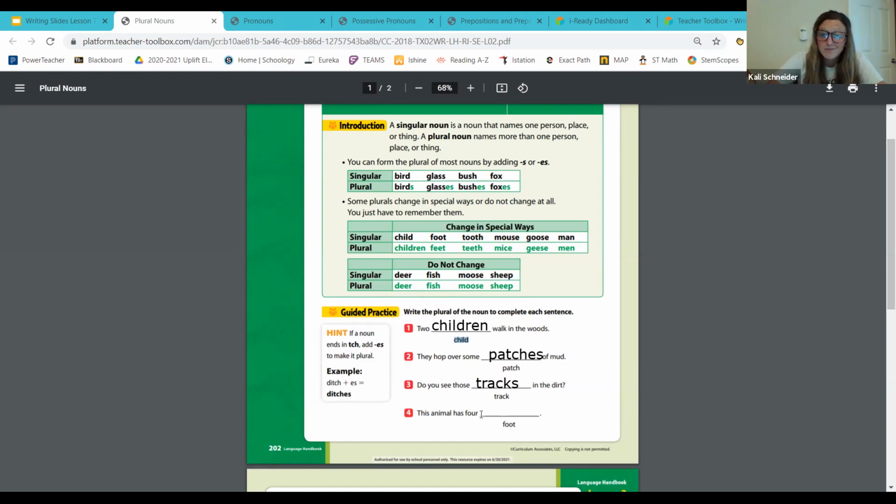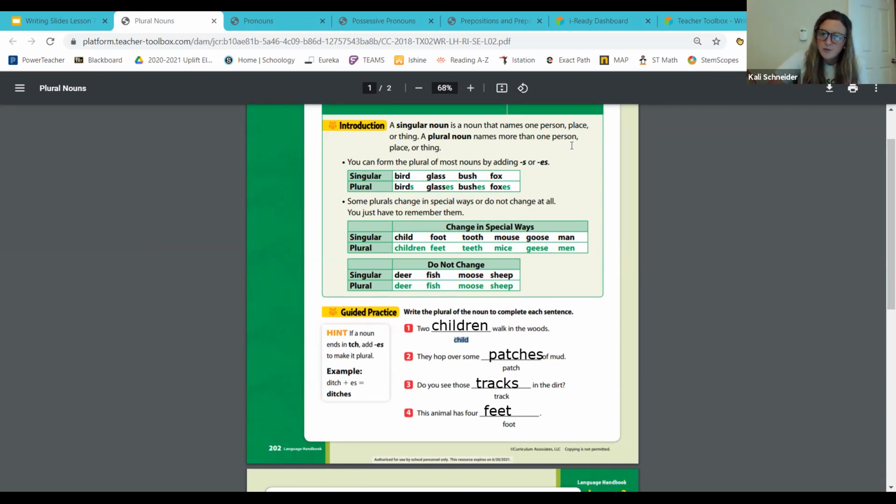That doesn't make sense. Four feet, because we know foot goes to feet when it is plural. Please use your knowledge of how to change singular to plural, and your resources on special changes and words that do not change. If you need more time, pause.